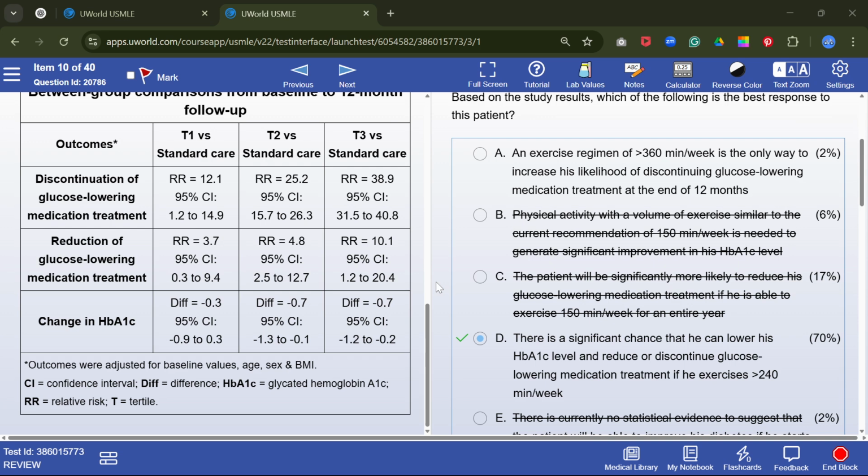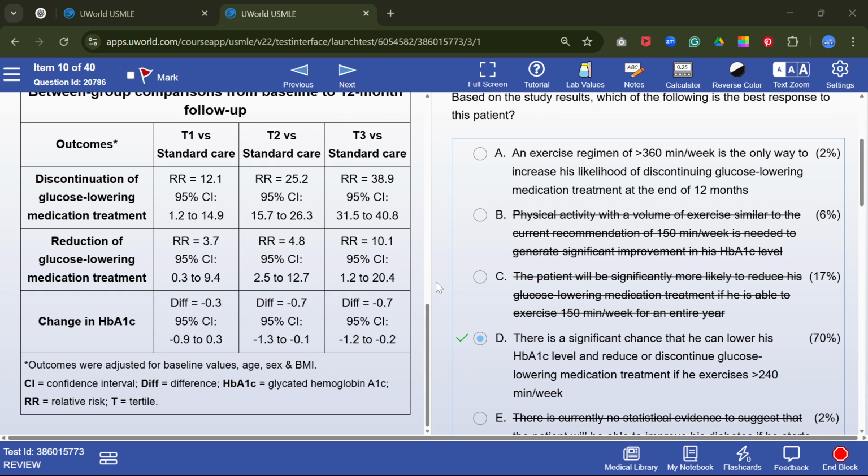Okay. And then the answer choices: an exercise regimen of more than 360 is the only way to increase his likelihood of discontinuing glucose medication. But this is not true because we can see that T3 includes the relative risk in the confidence interval, and the confidence interval does not include 1, so that's good.